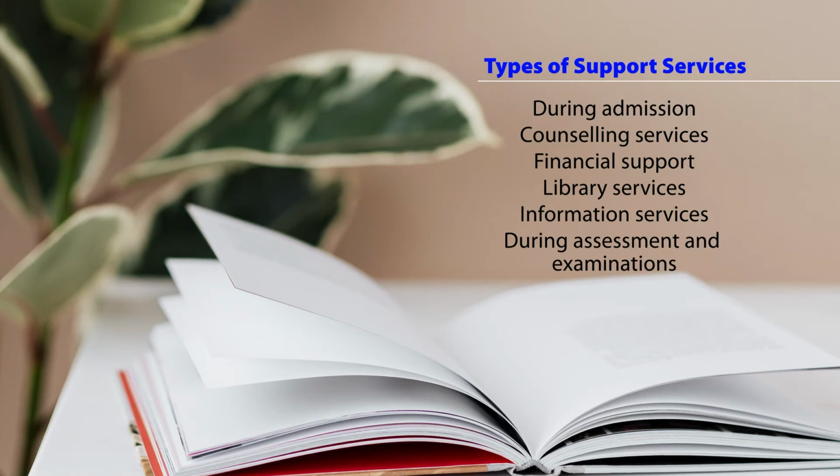They may need support services during their admission, then for counseling also they may need support, then financial support, then library services. Yes, definitely they will need accessible library services, then information services, then during assessment and examinations.